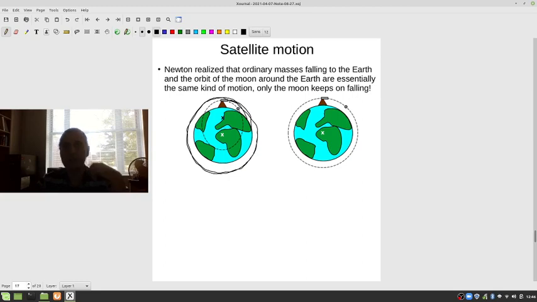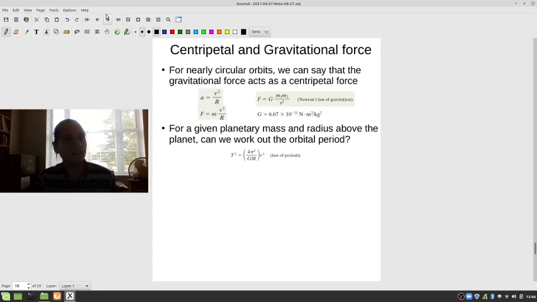So satellites continue to fall around the Earth. The moon continues to fall around the Earth. The Earth continues to fall around the sun. The solar system continues to fall around the center of the galaxy. We're all in this kind of motion, which is very evocative to think about.